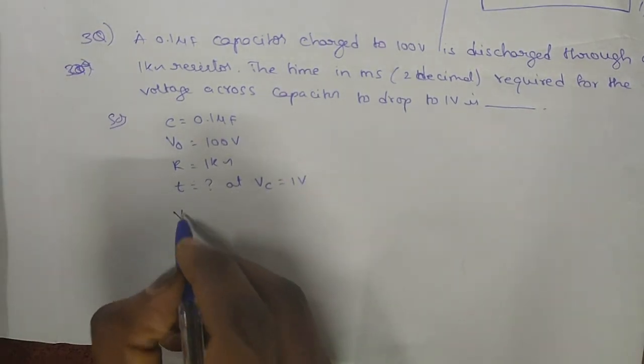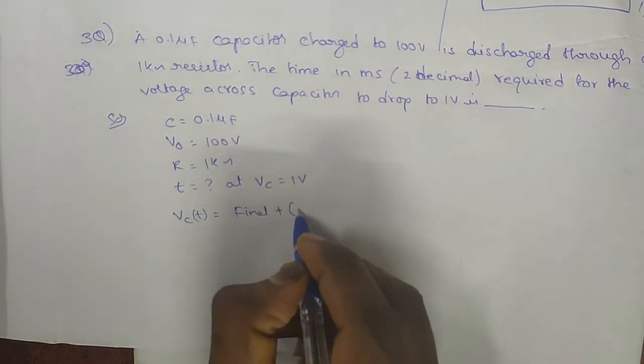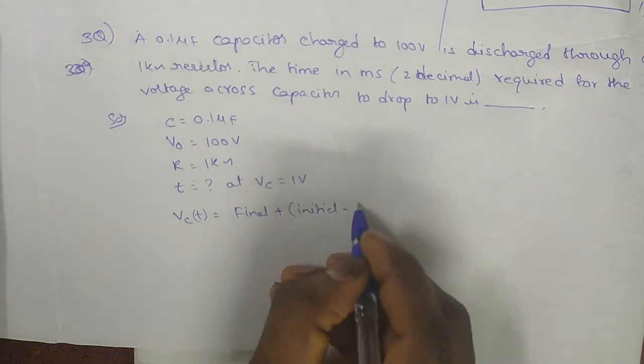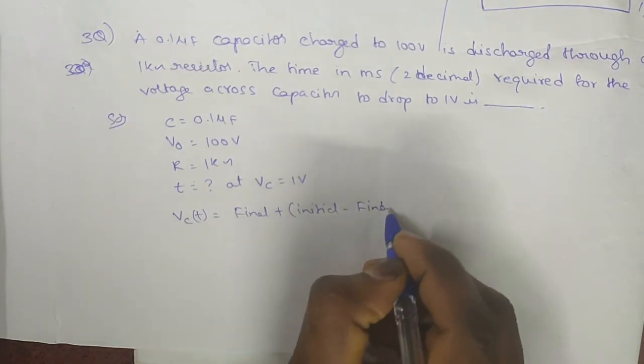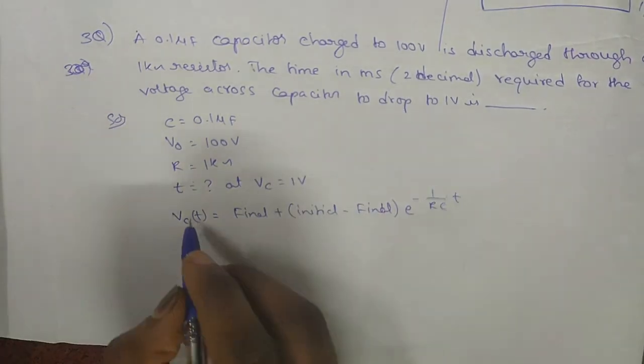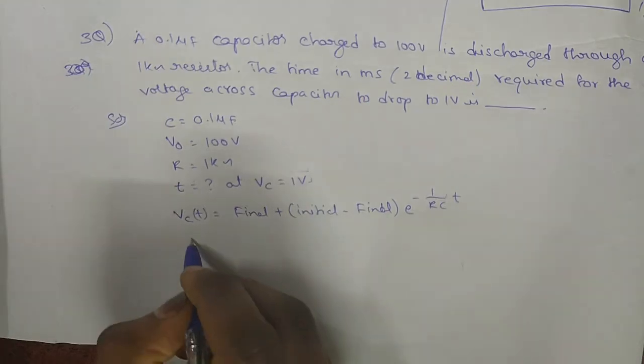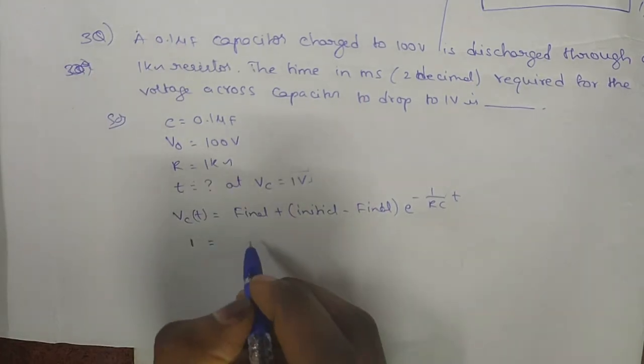From the standard equation, VC of T is final plus initial minus final into e power minus 1 by RC into T. We need to find this T. We wanted the voltage at 1.